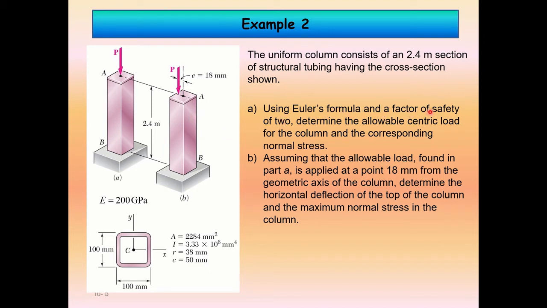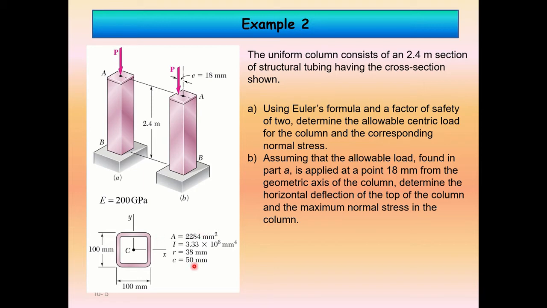Using Euler formula and factor of safety of 2, determine the available centric load for the column and the corresponding normal stress. Then the load found in part A is applied at a point 18 mm from the geometric axis. Determine the horizontal deflection at the midpoint of the column and the maximum normal stress in the column.